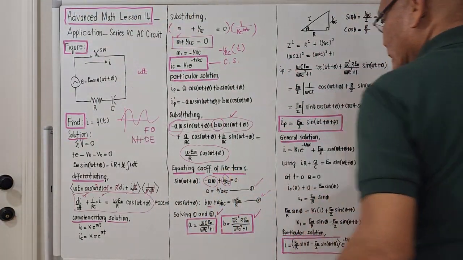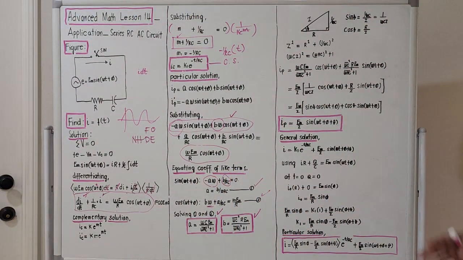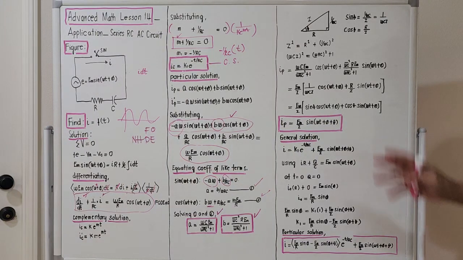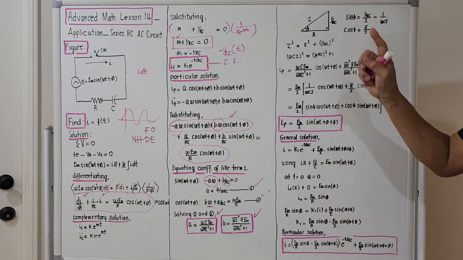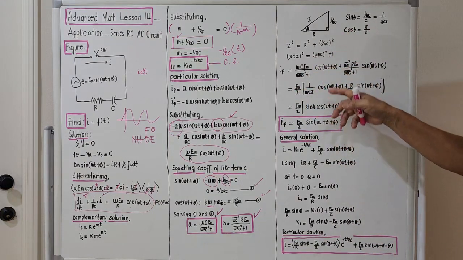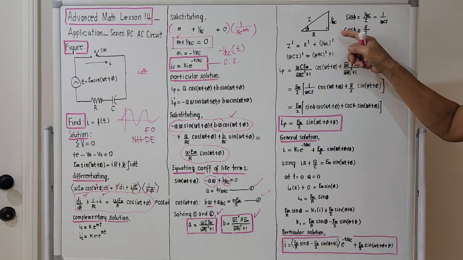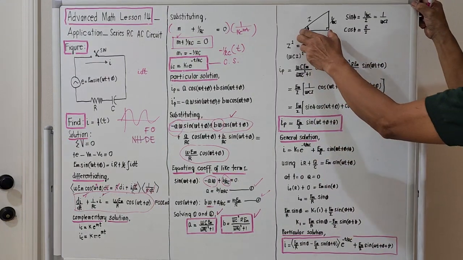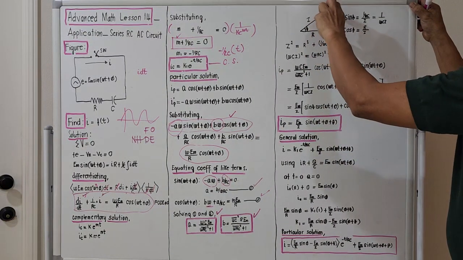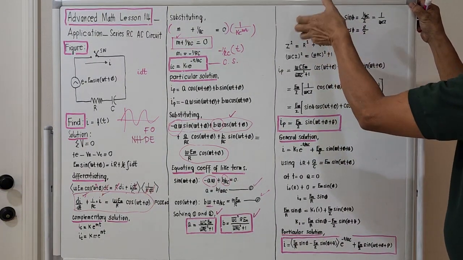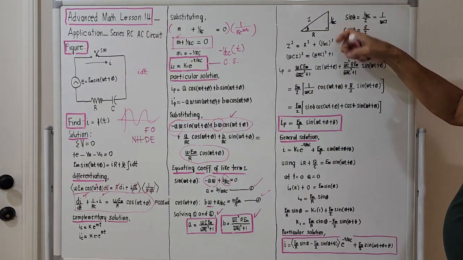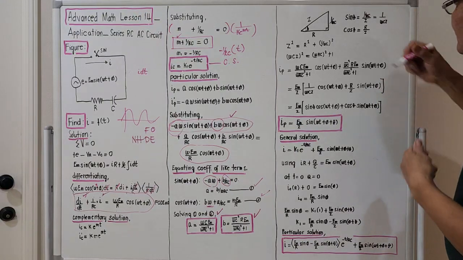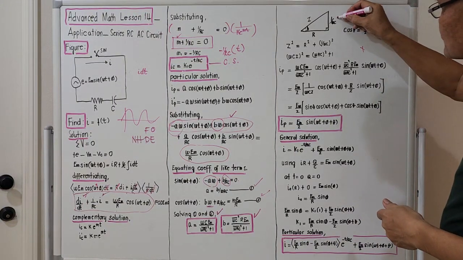And if we try to bring out the vector diagram of the impedance for an AC circuit that contains a resistance and capacitance, this will be the vector diagram. This is the resistance, this is the capacitive reactance, and this is the impedance. This is X of C actually.